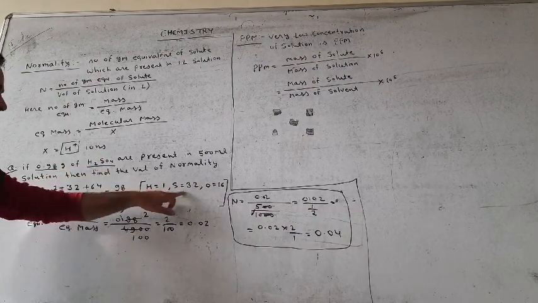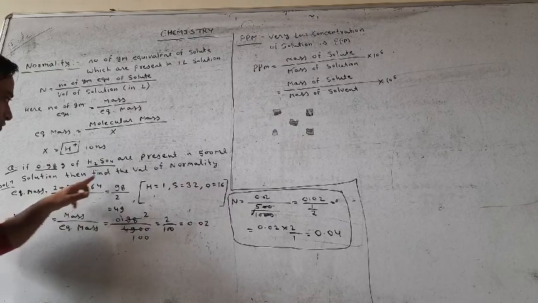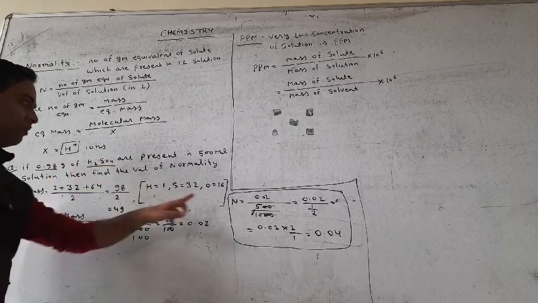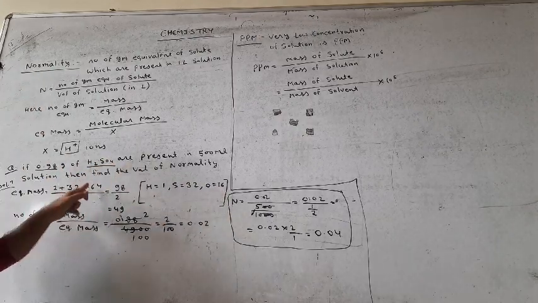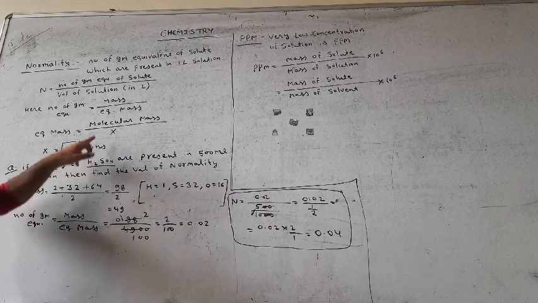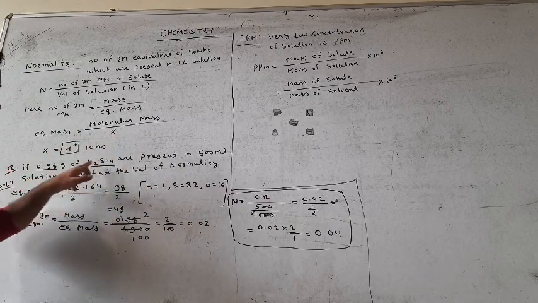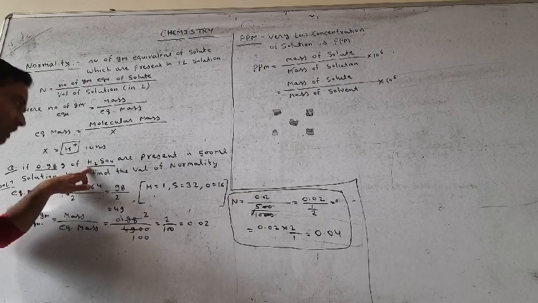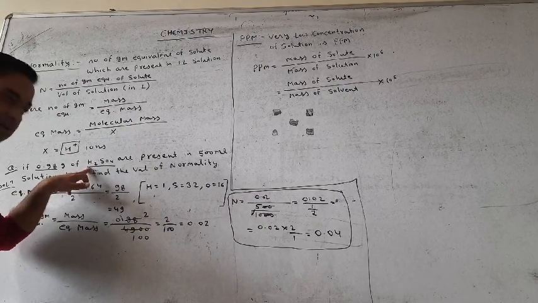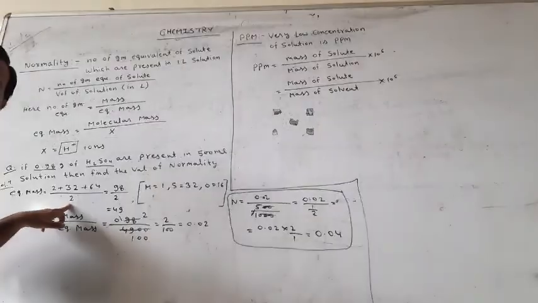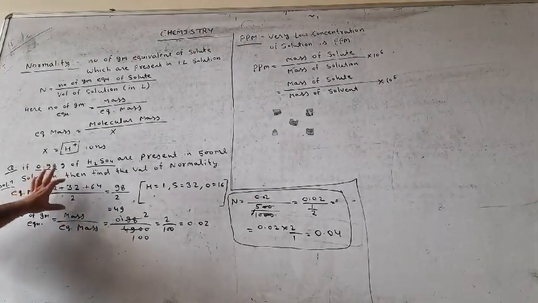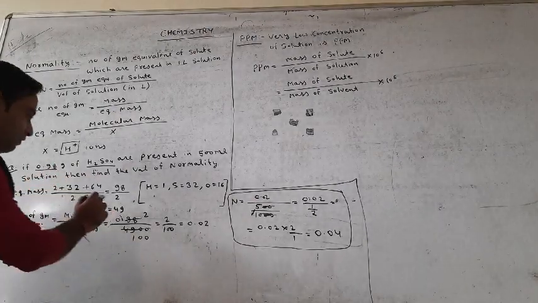S is single, so we put 32. O4, so O is 16 each. Then we use 64 divided by X. How many hydrogen atoms are present? 2. If we had H5, then this value would be 5. So divided by this, we get the value of 49.